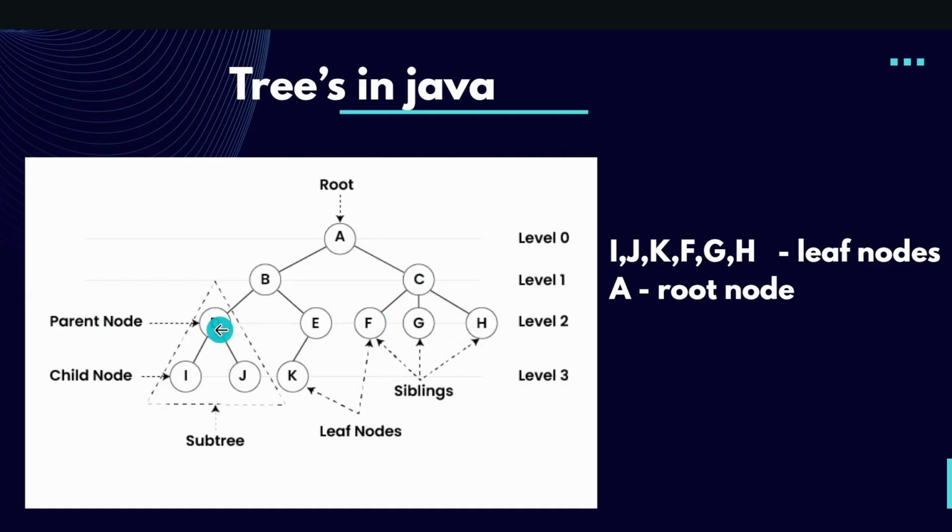This is a parent node, D, which has 2 children. These are known as child nodes, and this complete tree is known as the subtree. I, J, K, F, G, H are all leaf nodes because they do not contain any further subnodes. A is known as the root node. We already know about that.